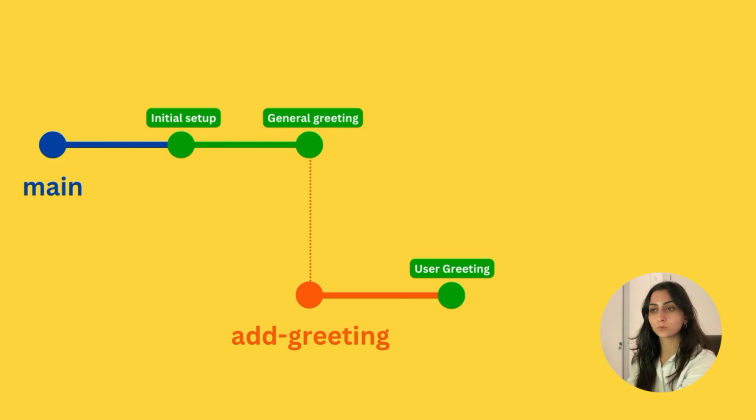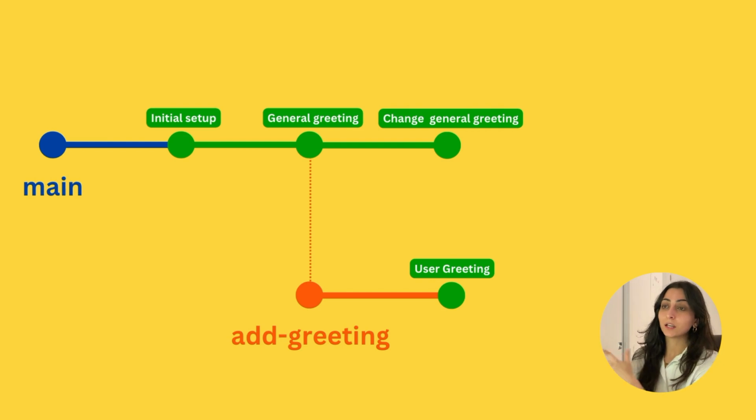We went to the add greeting branch and decided to add new code to this particular branch, okay? And if we decided to add a new commit on main as I did before, it would also not affect add greeting. So right now we have the same number of commits on main and add greeting, but they're not the same. The first one on main is the initial setup. The second one is the general greeting.